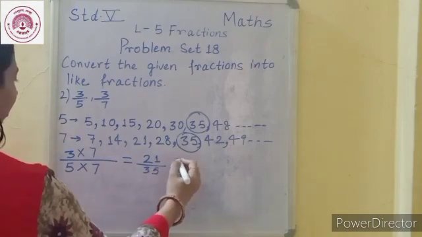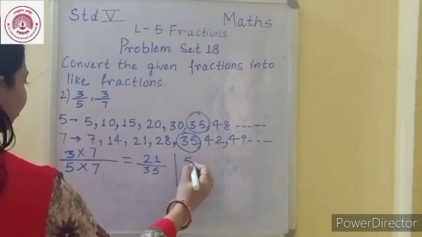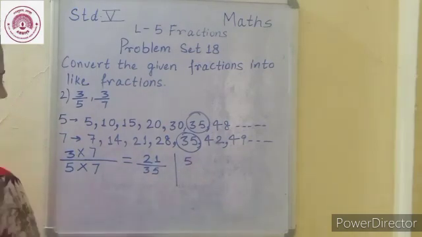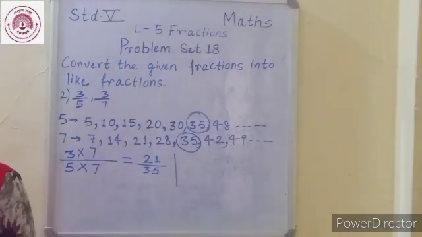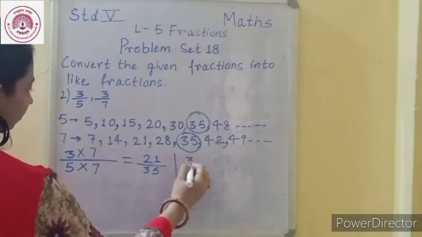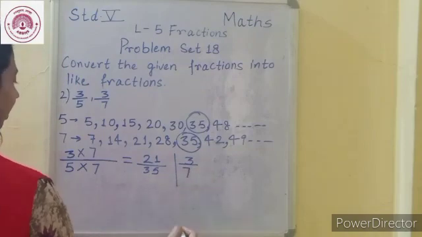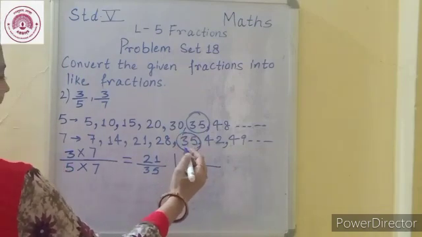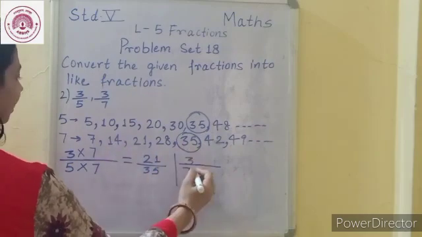Now taking 3 by 7 and multiplying 7 by 5 as 7 fives are 35.